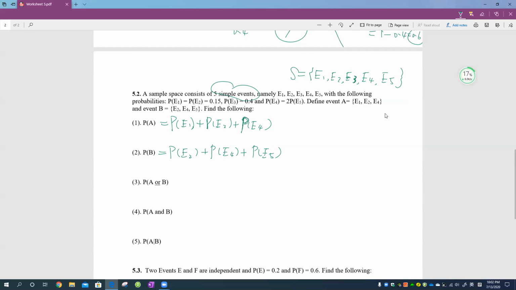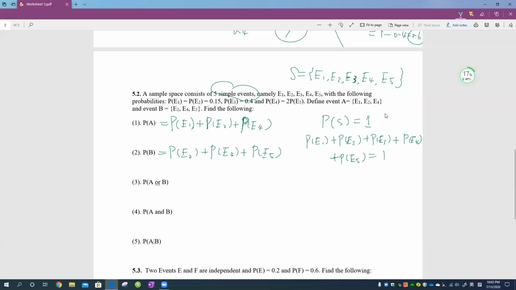And probability of the sample space equals 1. Then we know probability of E1 plus probability of E2 plus probability of E3 plus probability of E4 plus probability of E5 equals 1.